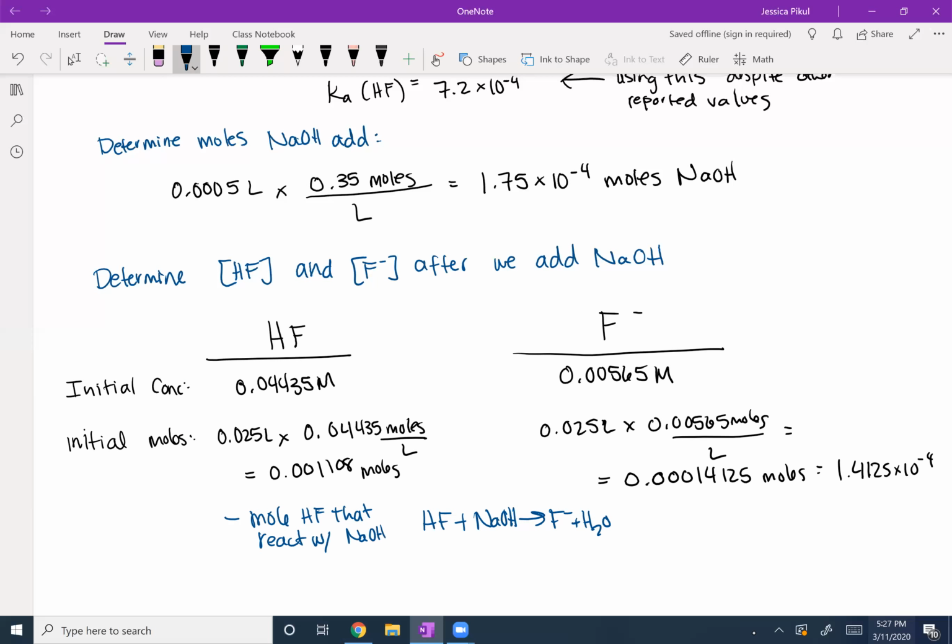And on our fluoride side, we're going to add that same amount, because fluoride is what forms as a product.